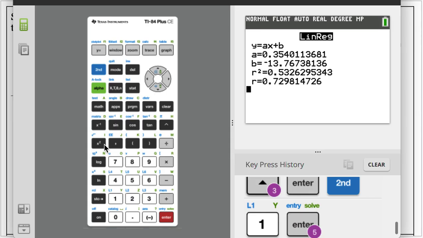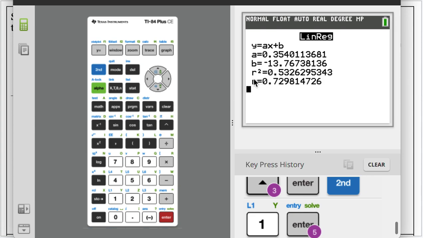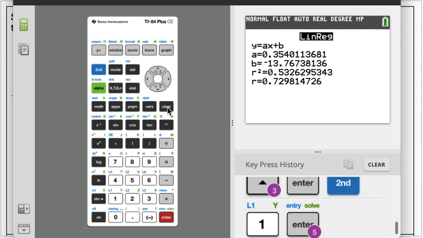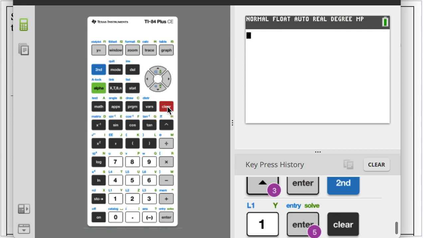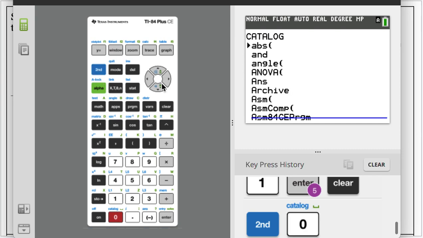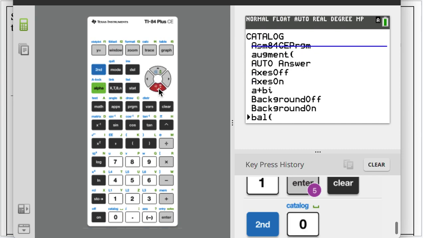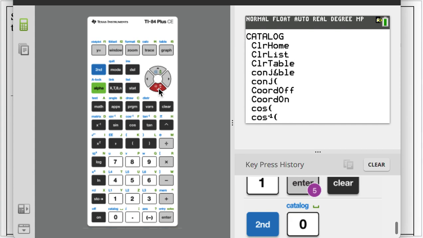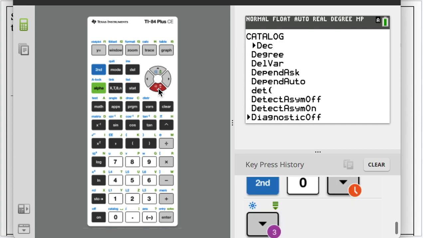So I'll go back to our calculator for a second. Now I have my R value here. It's 0.729. You may not have it. If you don't have it, it's likely that your diagnostics are turned off. So before we go any further, let's make sure we have our diagnostics turned on. Everybody hit second, then catalog, and scroll all the way down, it's alphabetical, until you get to diagnostics on.